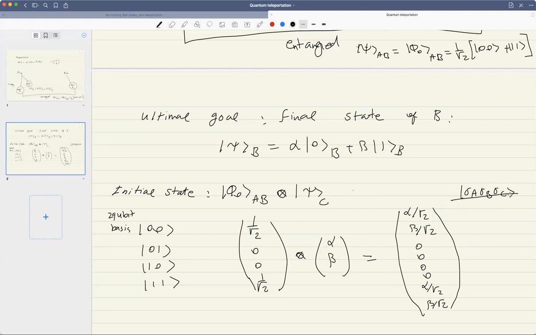So if I write the associated basis vectors here, this is going to be 0 0 0. This is 0 0 1. This is 0 1 0. This is 0 1 1.